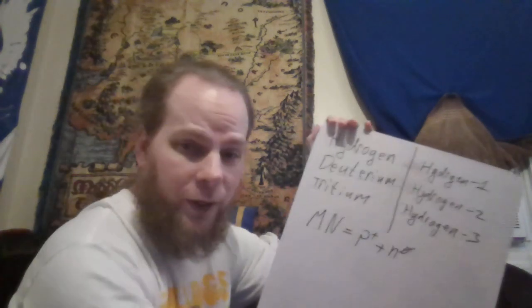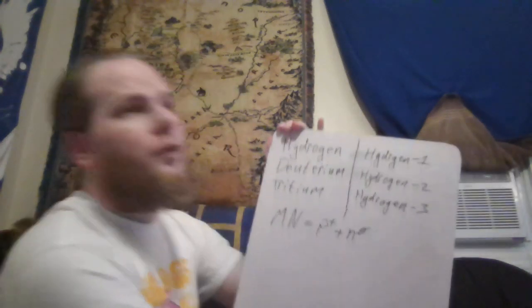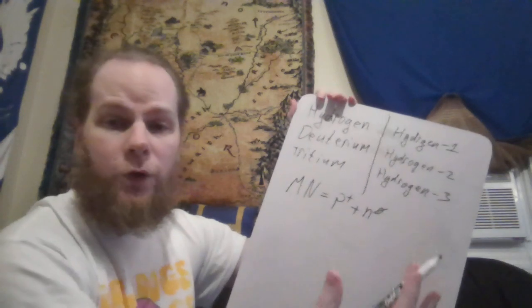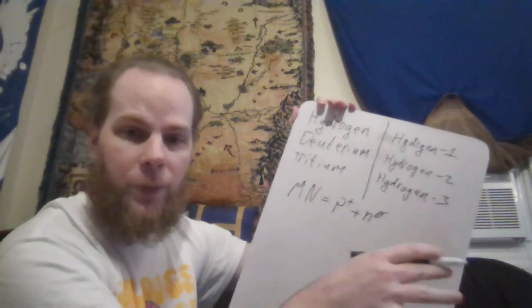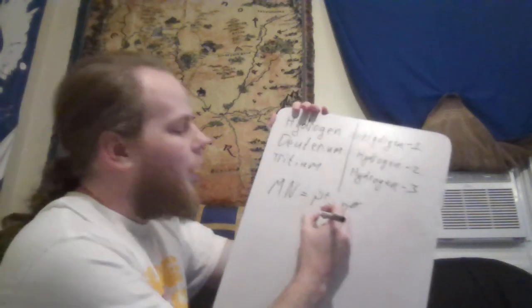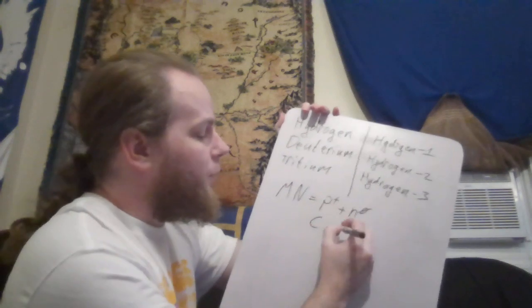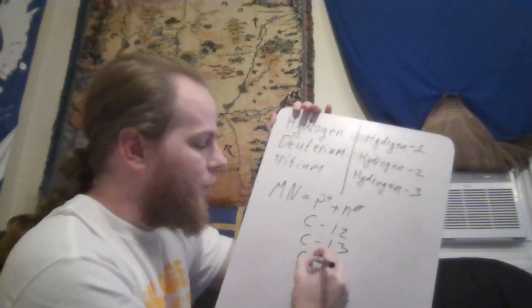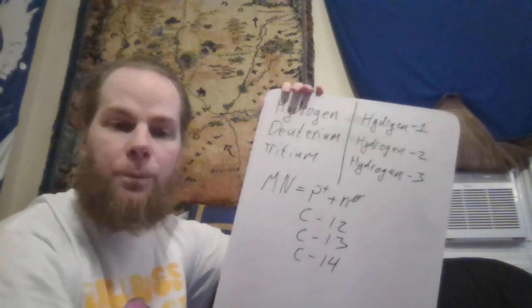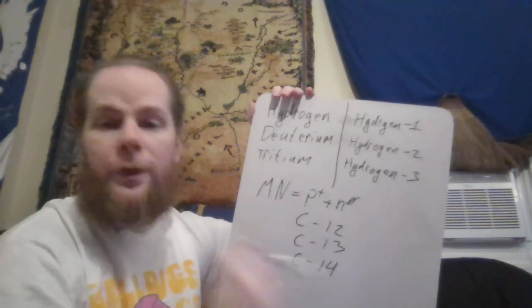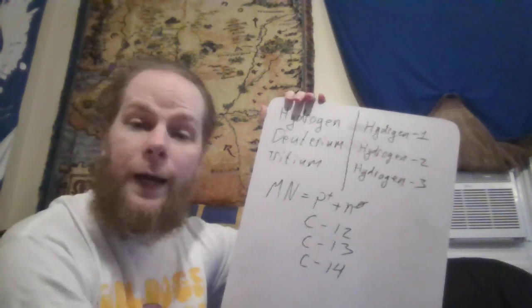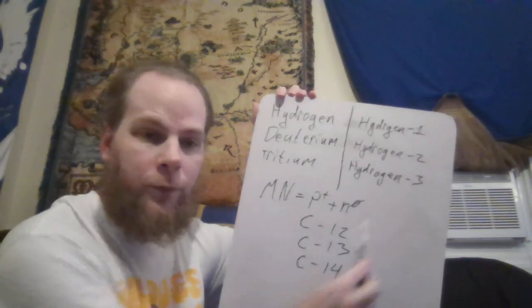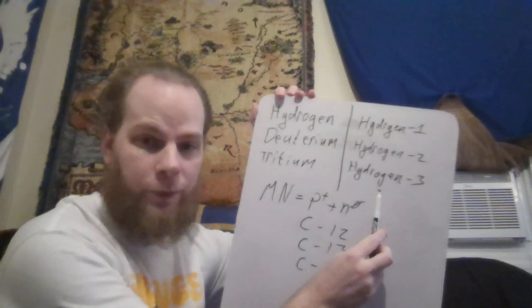So for example, I'm going to give you 3 isotopes of a different element, carbon. So carbon-12, carbon-13, and carbon-14. These are different isotopes of carbon. Now, you might have noticed that I abbreviated the carbon this time, whereas here I wrote out hydrogen.